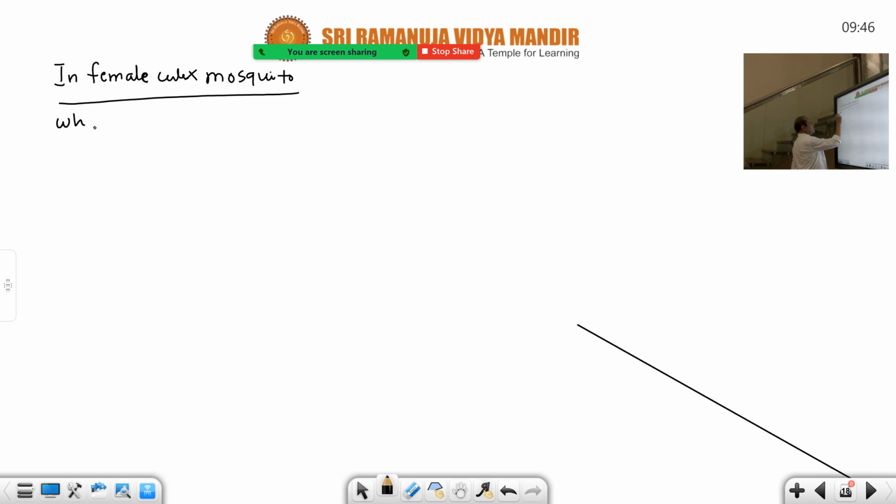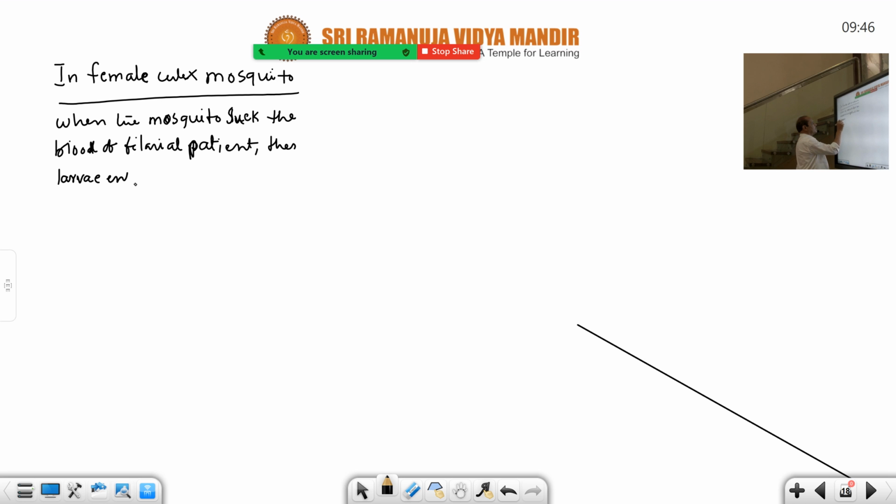So when the mosquitoes suck the blood of a filarial patient, that is, not a malarial patient, the mosquito sucks the blood of a filarial patient with larvae. These larvae enter into the gut of the mosquito along with blood.